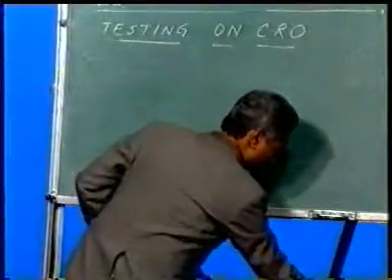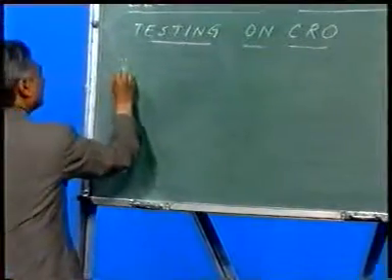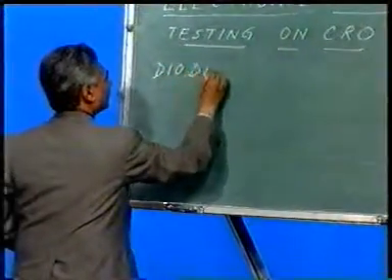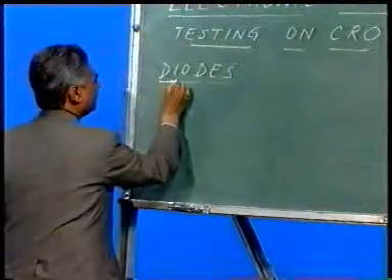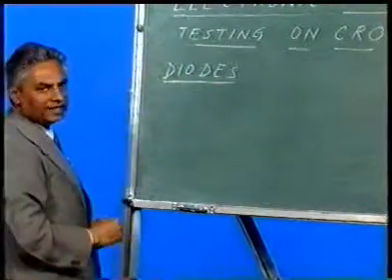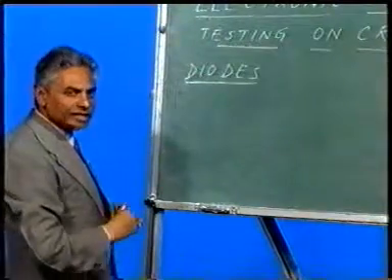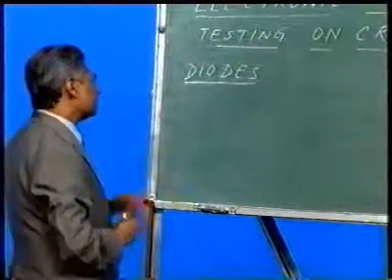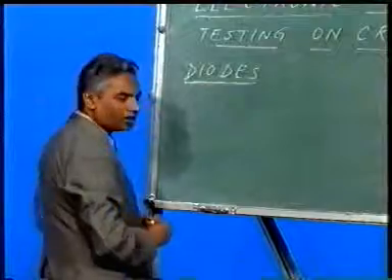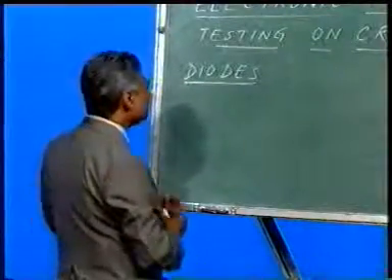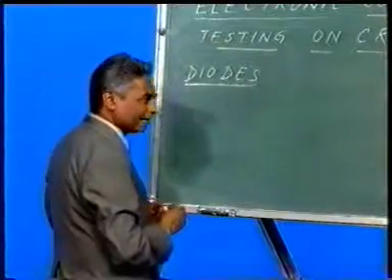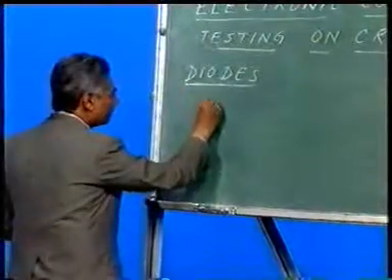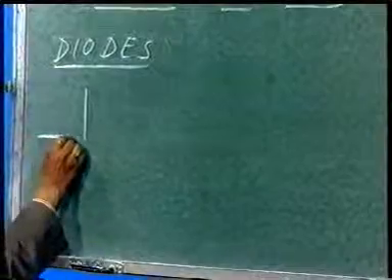The diodes, of course, you know that the diode is basically a rectifier and it is a unidirectional device. So it can be either forward biased or reverse biased. If I keep it in forward bias and place it on a CRO, what will I get? I would get a figure like this.